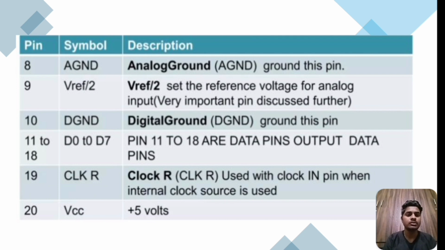D0 to D7, pins 11 to 18, are the output data pins used to extract the output from the chip. CLK R is used with the clock in pin when the internal clock source is used. VCC, input of 5 volts.